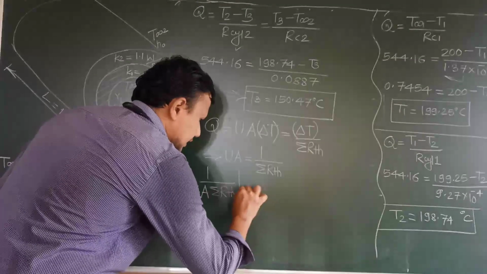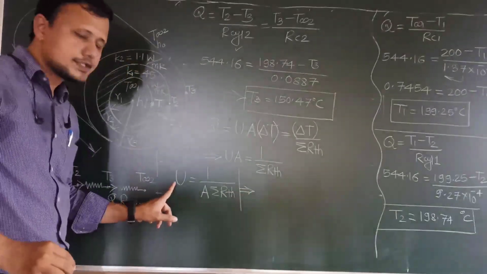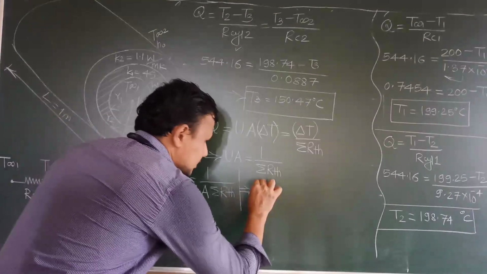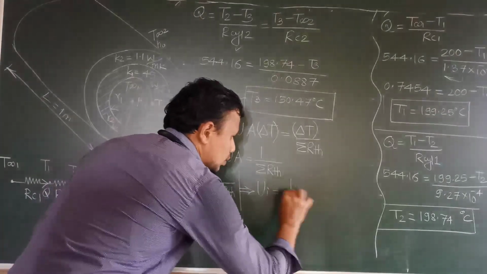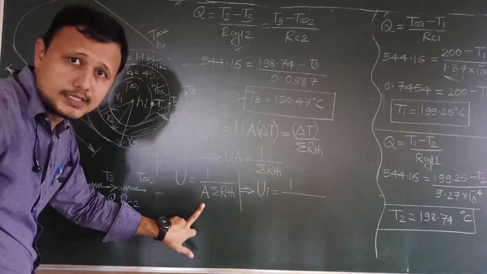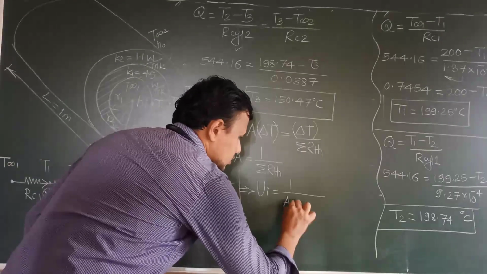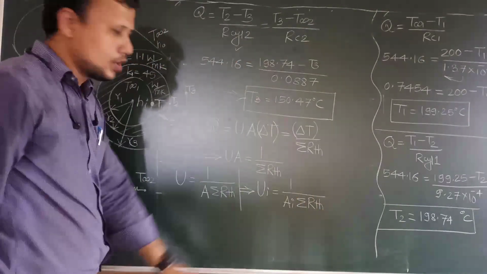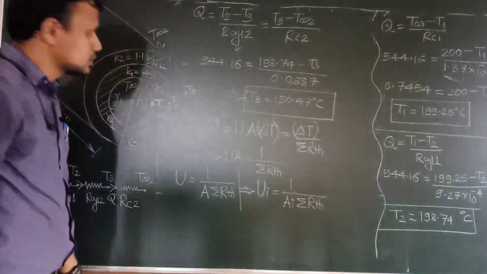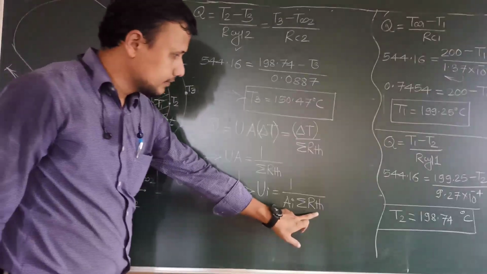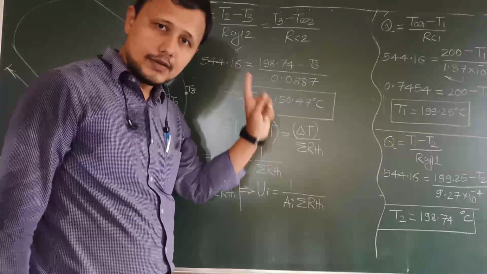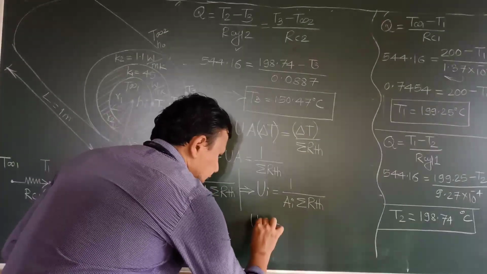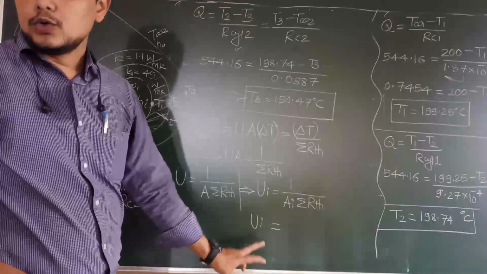Now if I am interested in overall heat transfer coefficient based on inner surface, then this will become Ui equal to 1 upon Ai summation of thermal resistances. Ai is the internal surface area, which I already have, 2 pi R1 L. I have the value of summation RTH, which I have already calculated. I can substitute the values, and you will calculate the answer.